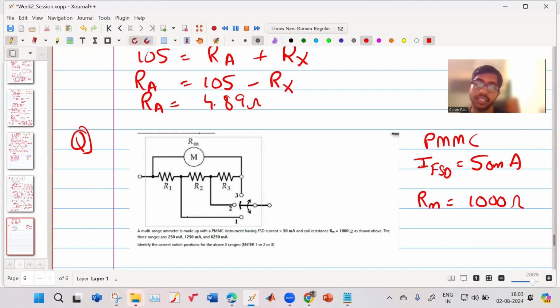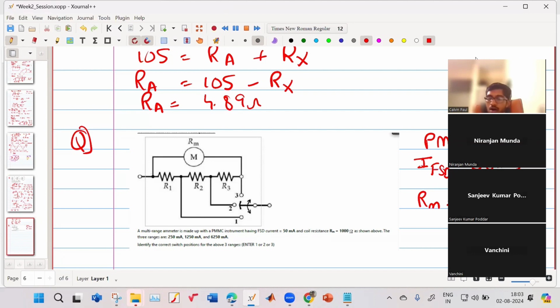There are three ranges: 250 milliampere, 1250 milliampere, and 6250 milliampere. You must identify the correct switch position for the above three ranges. So what should we do now? How will I proceed to solve this?